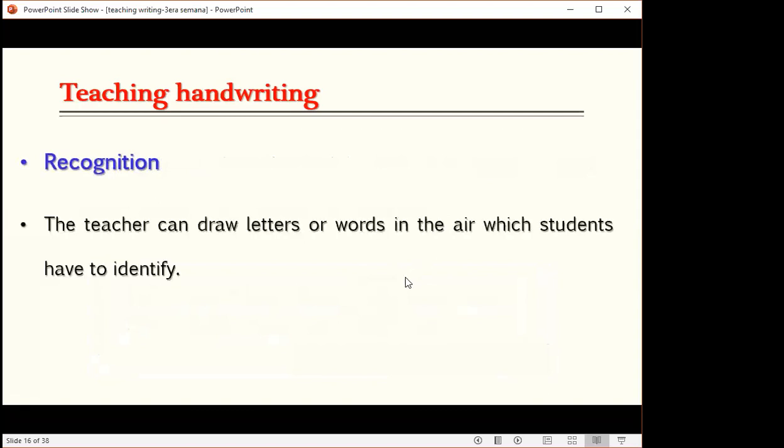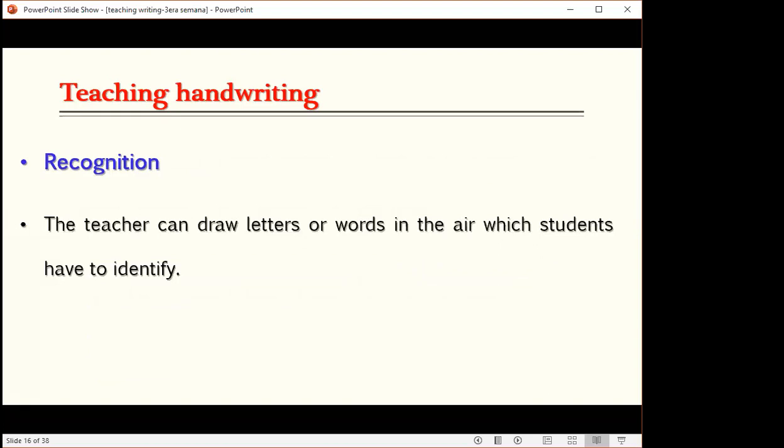So another one is the teacher can draw letters or words in the air, which students have to identify. As I told you before, this is when you teach, for example, little kids. They are starting to write. So they are learning how to write in Spanish, but at the same time, how to write in English.